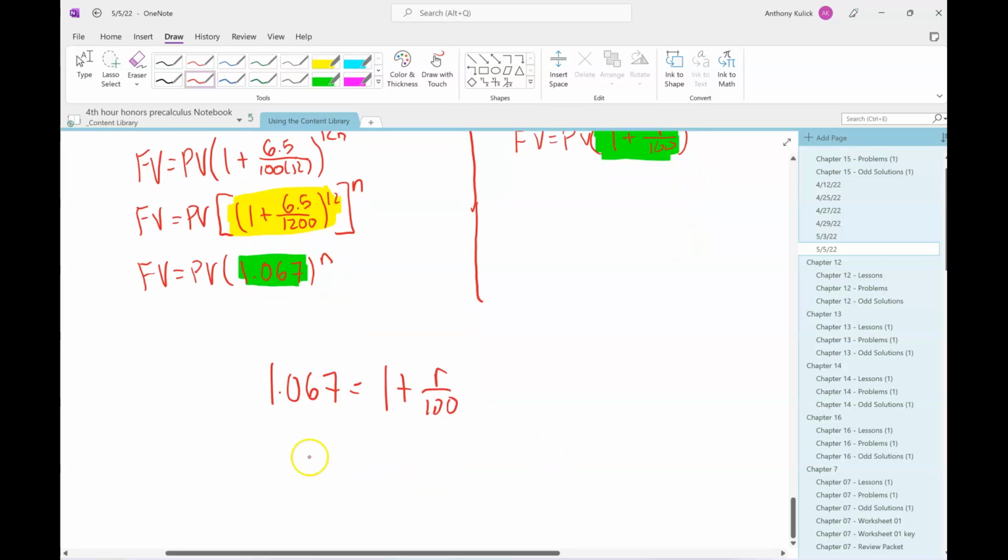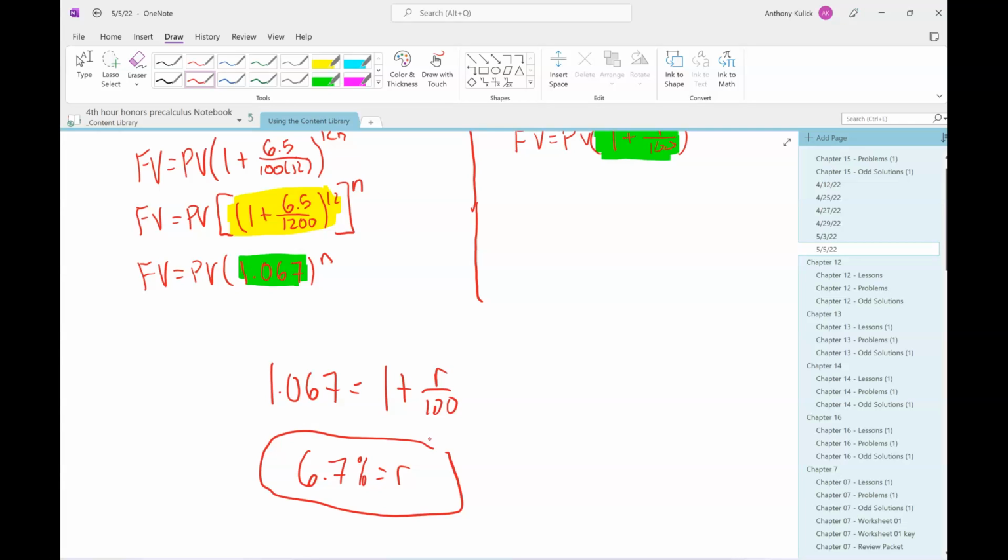So if I subtract 1 and multiply by 100, I get 6.7%. Now, this process that we've just done here is super common in financials, because it creates a good way to compare two different deals, right?